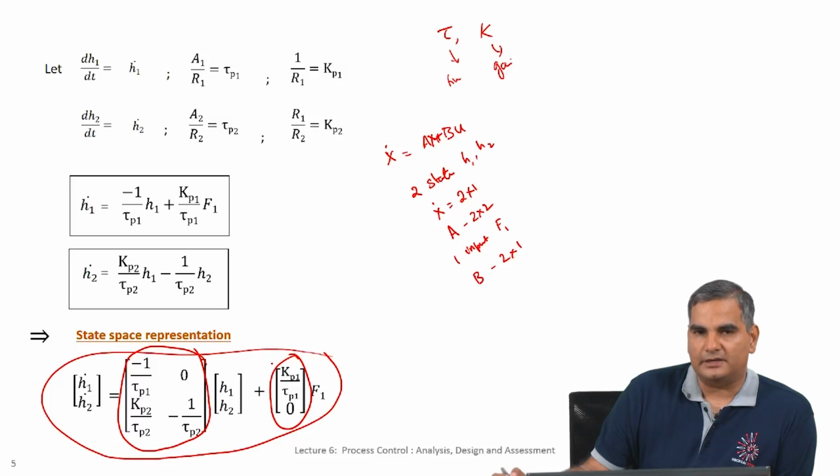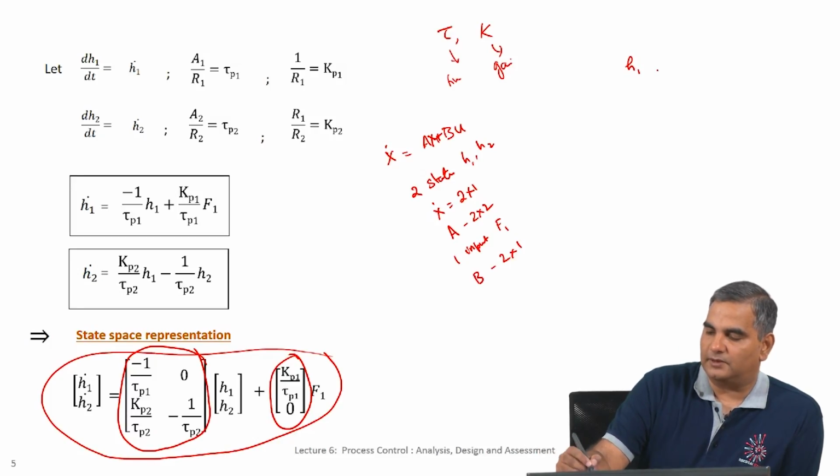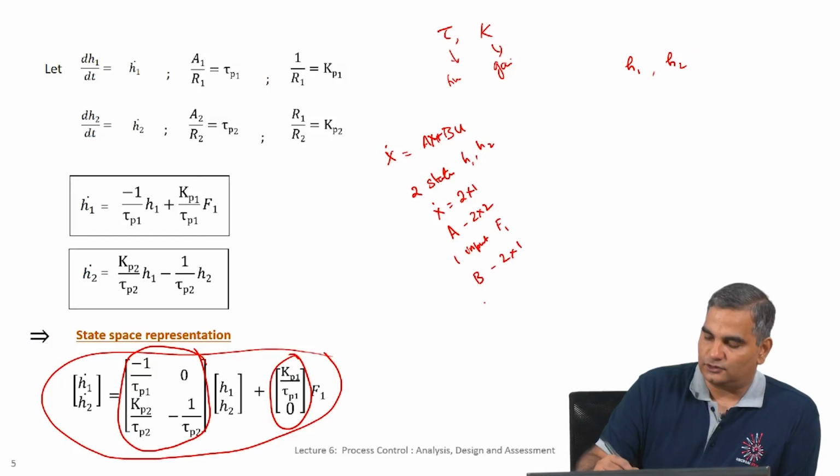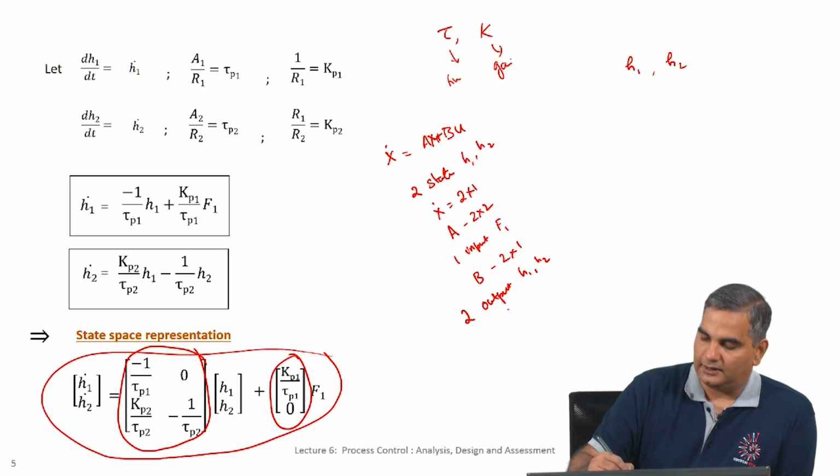Now, you might ask what happens to the output equation. The output equation depends on what you consider as output. Supposing you are interested in measuring and controlling both H1 and H2, then the states are H1 and H2, and the outputs will also be H1 and H2. That will be two outputs, so based on our notation p equals 2, and the C matrix should be of size 2 by 2.